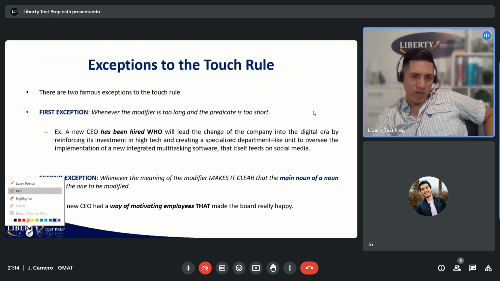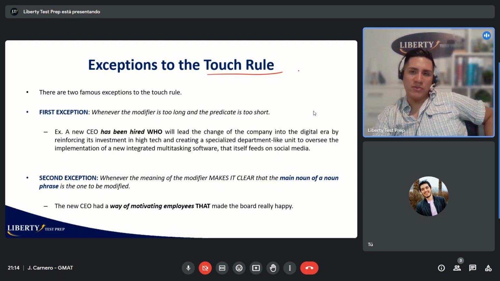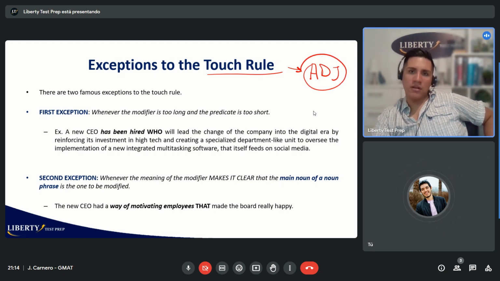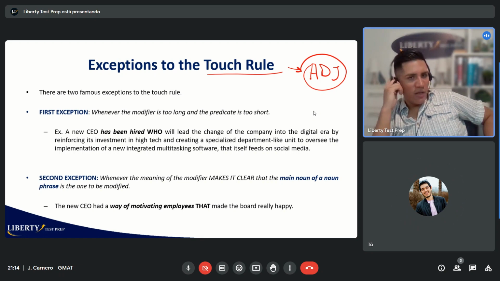Exceptions to the touch rule. The touch rule applies to adjectives only.